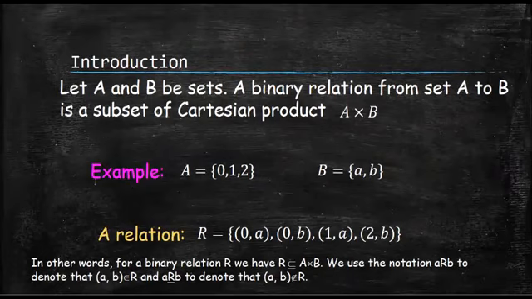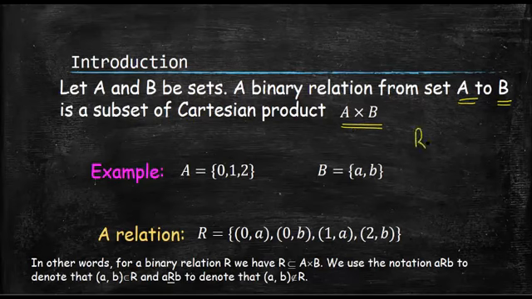So for that reason, we call it a binary relation. A binary relation from set A to set B is a subset of the Cartesian product A cross B. It is denoted as R is a subset of A cross B.